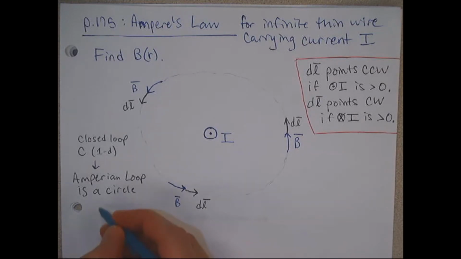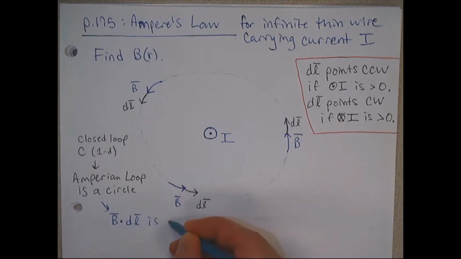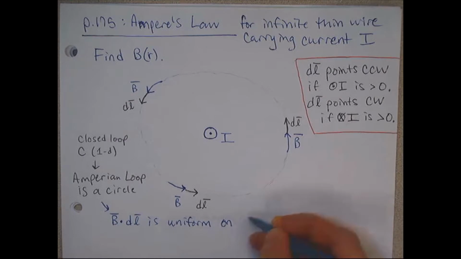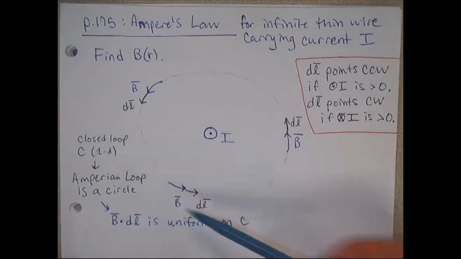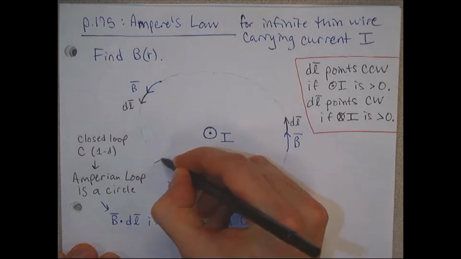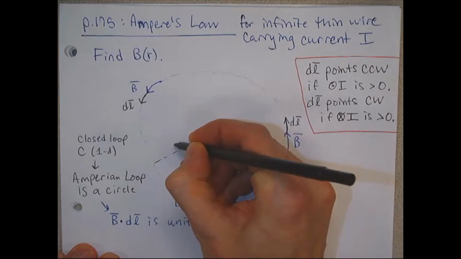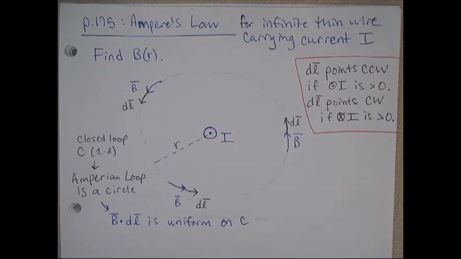All right, our B.dl is going to be uniform. It's both uniform and easy to calculate on the path C, because we know the B field may only depend on the radius or distance from the wire, lowercase r.